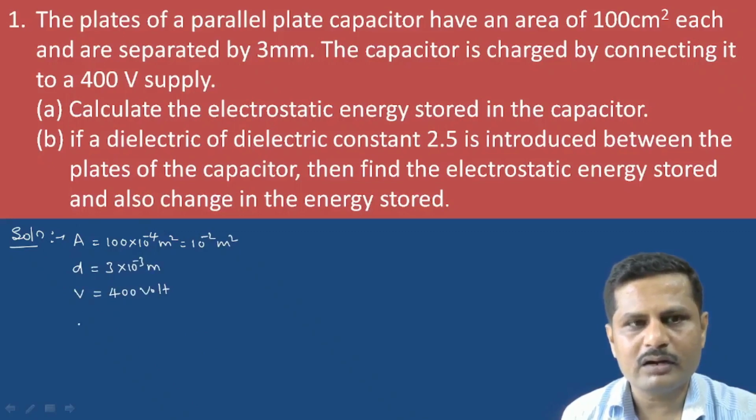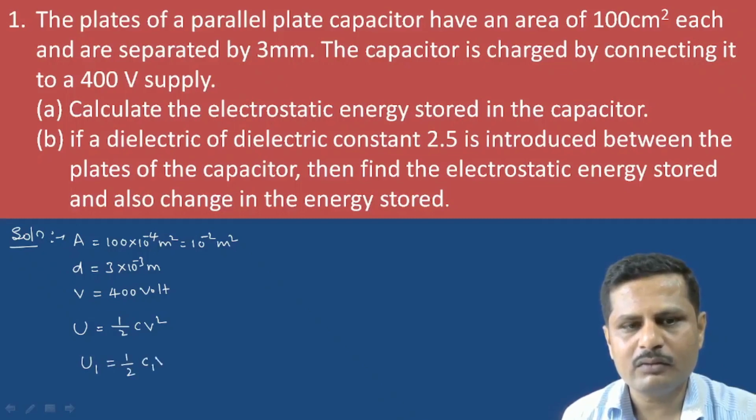Okay, we need to calculate the energy stored in the capacitor. Let me write the energy stored in terms of voltage, that is half CV square, because here we have voltage. Whenever there is no dielectric medium between the two plates of the capacitor, let me consider the energy stored as U1, that is equal to half C1, where C1 is the capacitance with no dielectric medium.